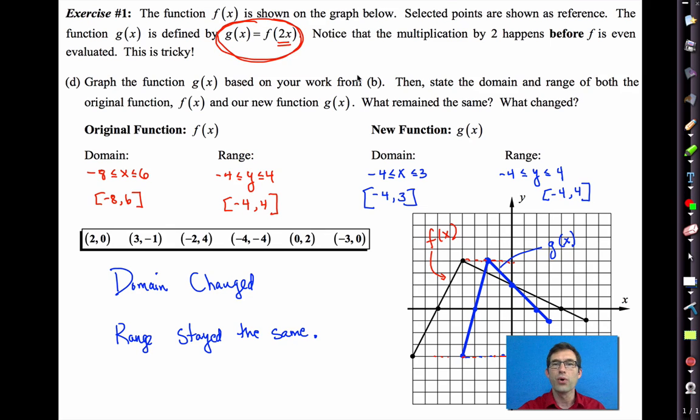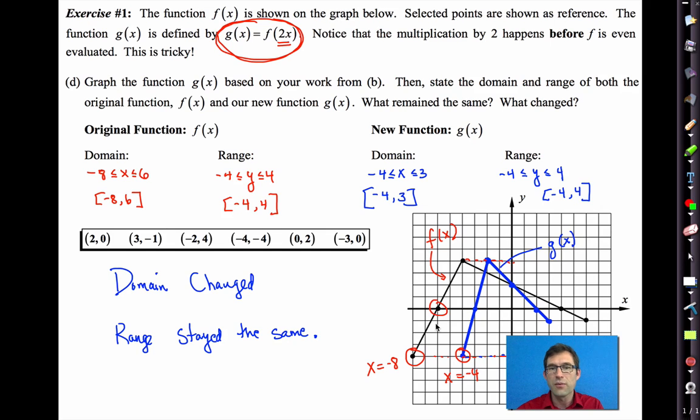When we took the input and we multiplied it by 2, the domain got squished by a factor of 2. That's a very technical term. It got squished. It got compressed. Every x value got divided by 2. In other words, this x value that was at -8 became this x value at -4, but the y values remained the same.